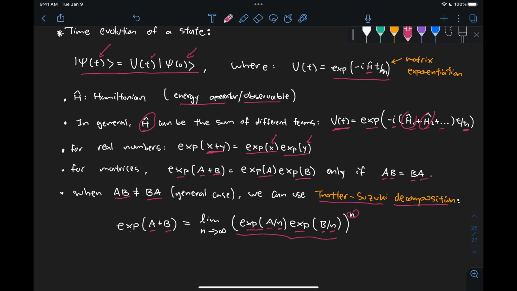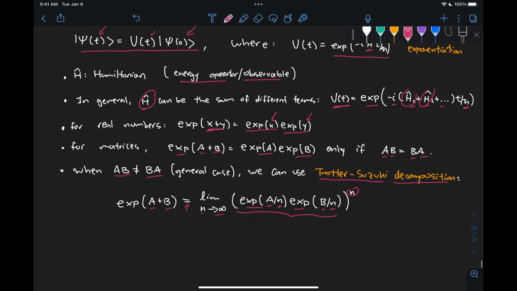So we keep multiplying these exponentials over and over again, and this equality holds as n tends to infinity. So we can use this expression to get an approximation of U of t.